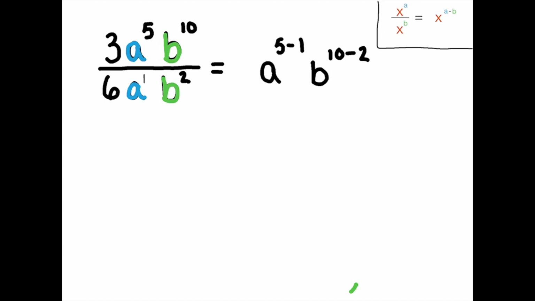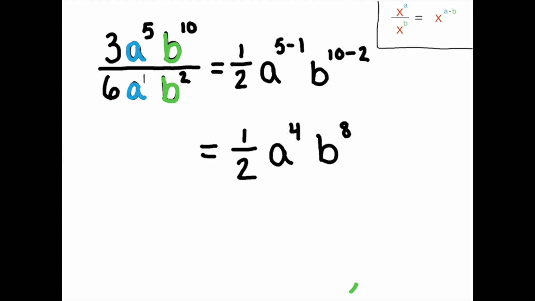I'm just going to simplify it like I would a fraction. So what's 3 over 6? It's 1/2. Good, and I'm going to write that out front because that's just the standard way of writing it. Finally, I'm going to write this in its simplest form. The answer would be 1/2 a to the 4th, b to the 8th.